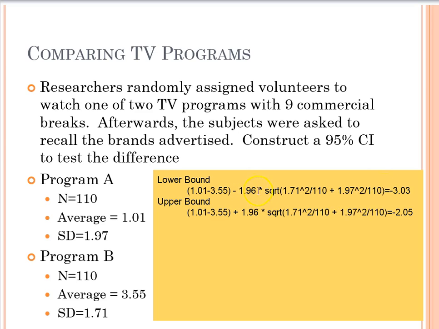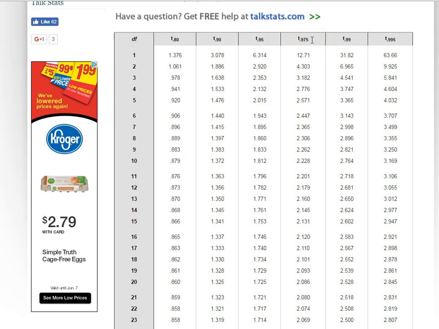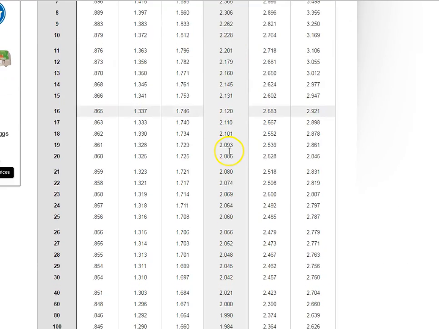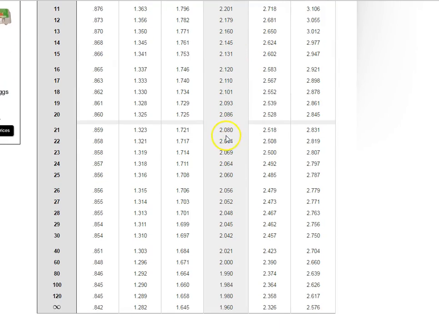Now to find the critical t, I go back to my t-tables. Here, I want a 95% confidence interval. So the confidence column that I should go to is 0.975. That's going to give me a 95% confidence interval. My degrees of freedom is 218.